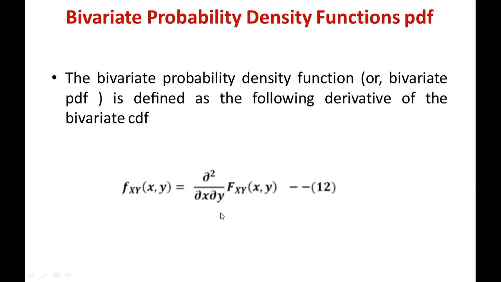And the CDF can also be obtained, given the PDF, by integrating it twice, because the PDF is obtained by differentiating the CDF twice, with respect to x and with respect to y. These are the equations that we will be considering for solving the problems.